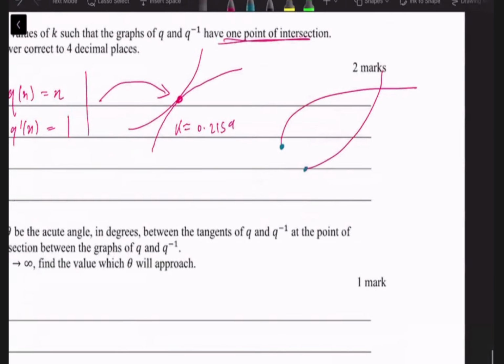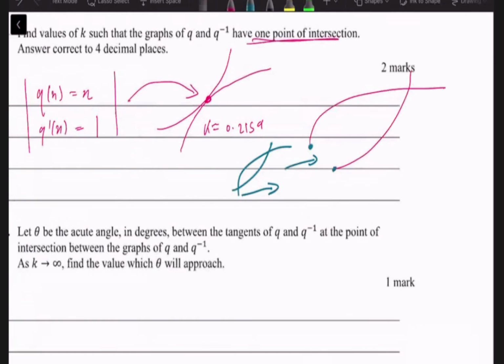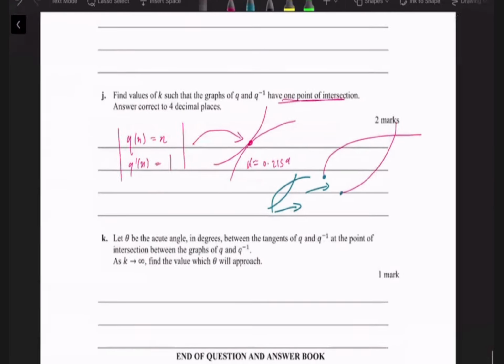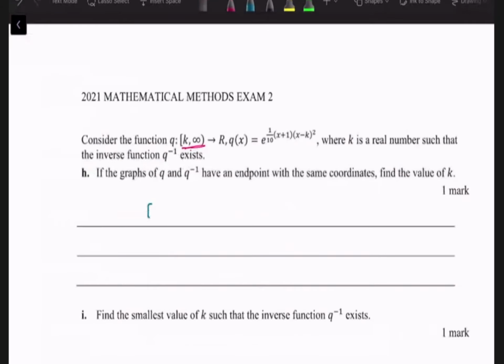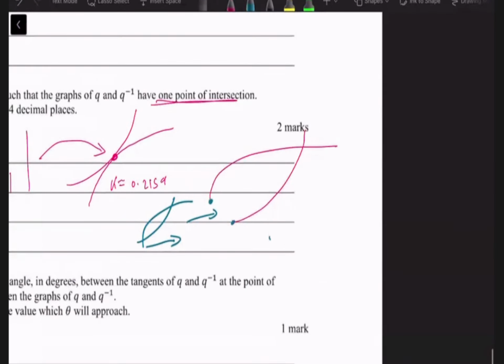Once you move this graph to the right enough so that it looks like this, then you also only get one point of intersection. So that's where you get 1 from. I think the answer here was k is 1.